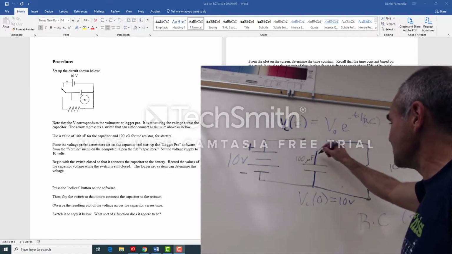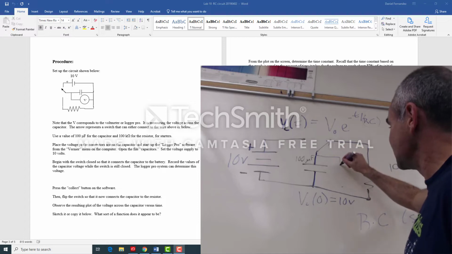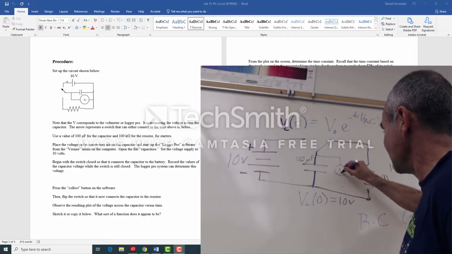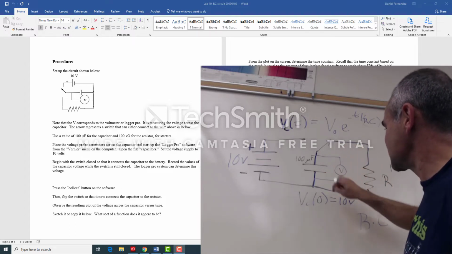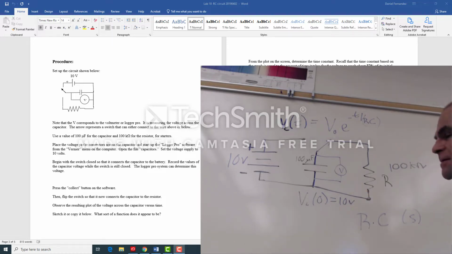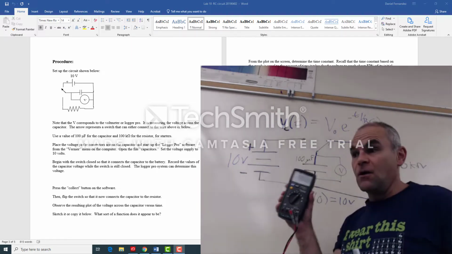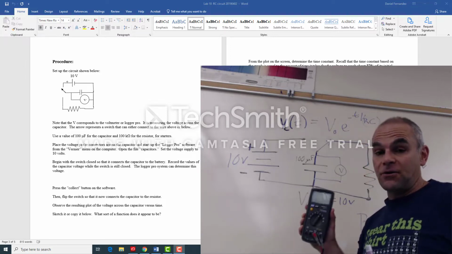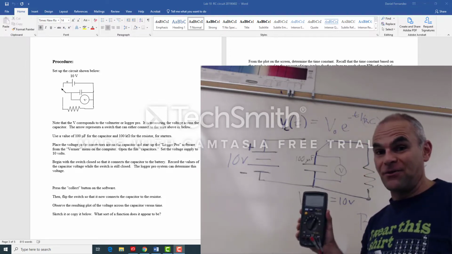All right, and so how we're going to measure that is we're going to put basically a voltmeter across the capacitor. So putting a voltmeter across the capacitor will allow us to measure that. Now, rather than using a voltmeter like we've been using, in other words, rather than using this, we're going to be using the Logger Pro, which has its own voltmeter that comes with it.